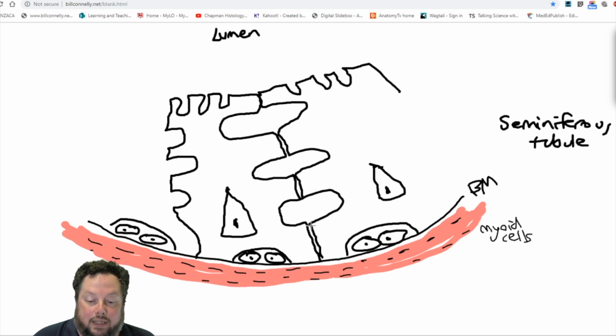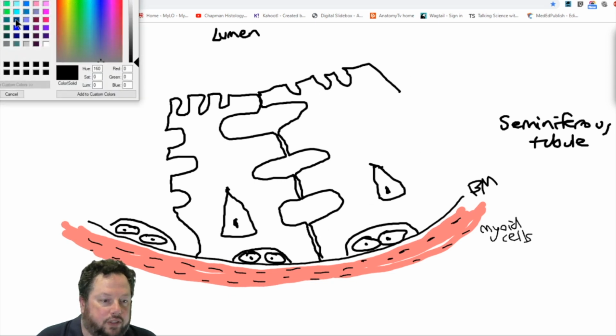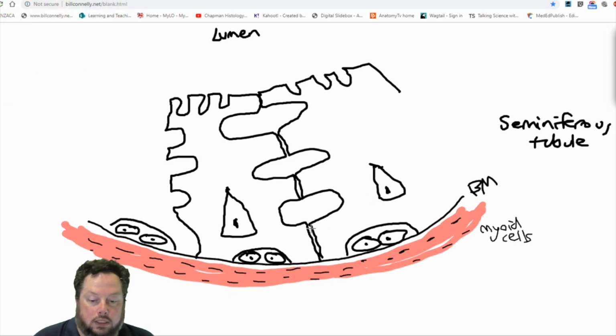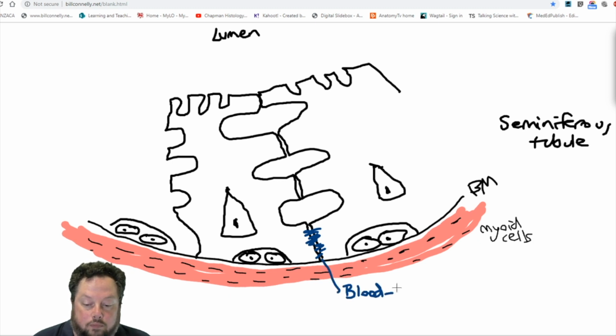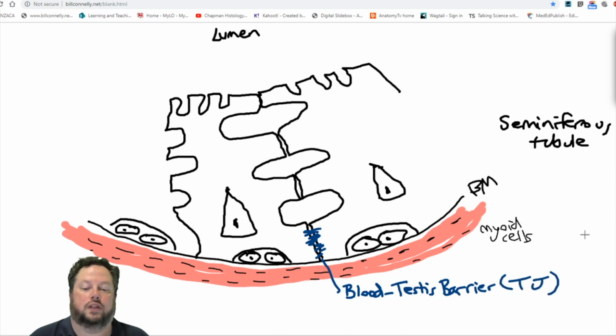Now in this region here, we actually have lots and lots of tight junctions, and this part here is actually the blood-testis barrier. These are tight junctions, or zonula occludens, held together between adjacent nurse cells.